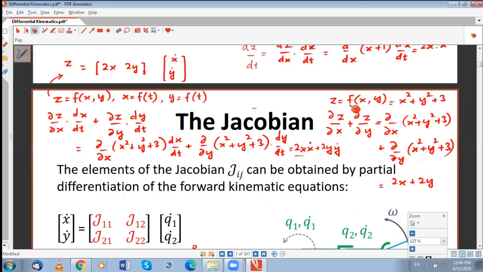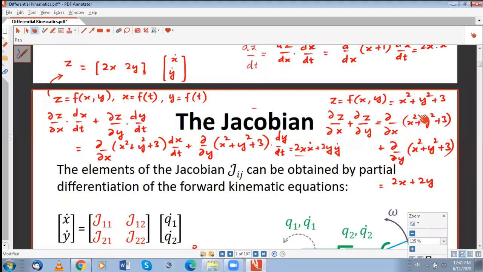If you had a multivariable function where z was a function of two variables, x and y, and x and y were not further functions of time, then we would just do partial of z with respect to x, because it partially depends on x, plus partial of z with respect to y.